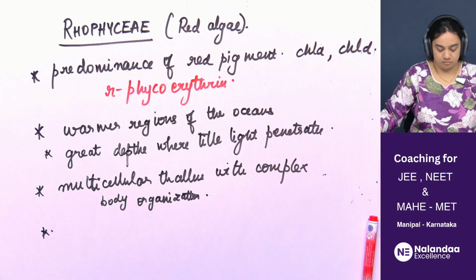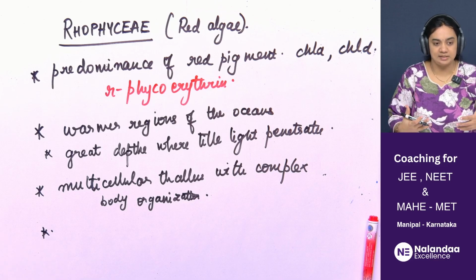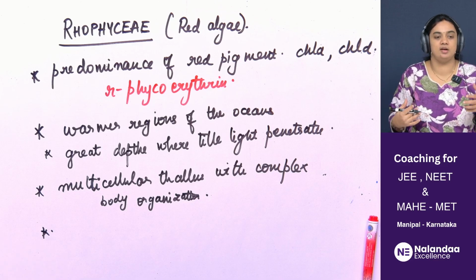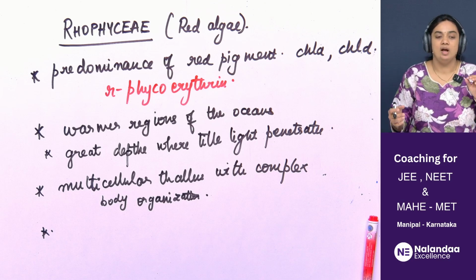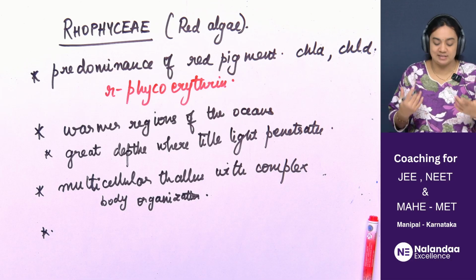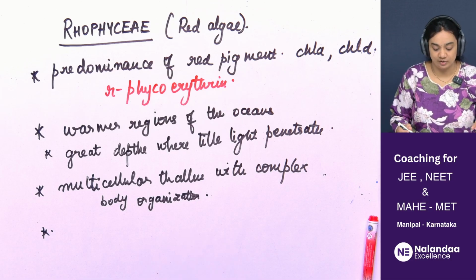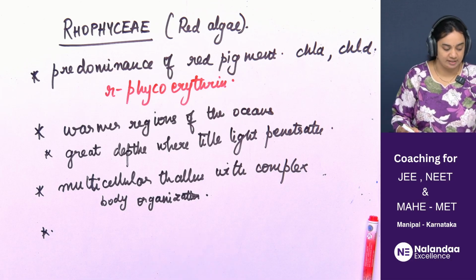So in this case we do not see unicellular and colonial and motile or simple branched forms again. It is an extensively branched form with a multicellular thallus and complex body organization.